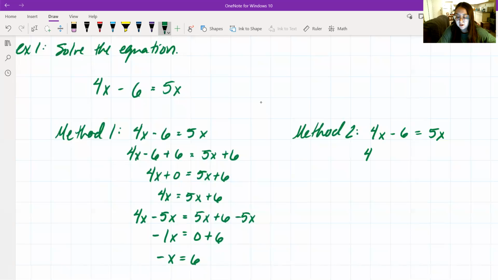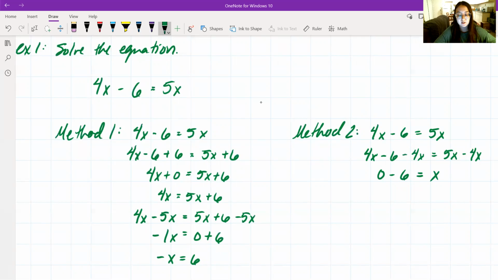So if we subtract 4x from both sides, we're going to get 4x minus 6 minus 4x, which is equal to 5x minus 4x. Since we have 4x minus 4x, this is just going to become 0 minus 6, which is equal to 5x minus 4x, which is just positive x, or 1x.